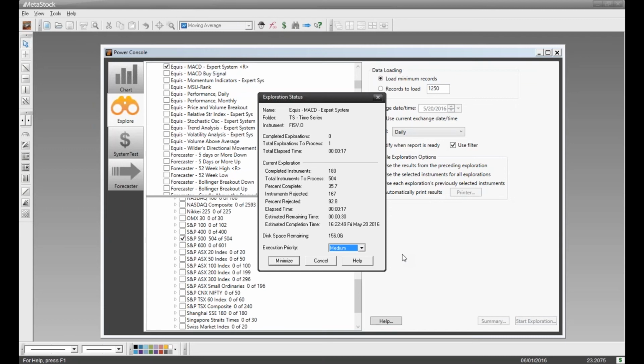I feel like being able to shorten that workflow and narrow it down to just a handful of instruments is really the best way to go. That way I can concentrate more on the few instruments that I will be trading, my entries, my exits, etc. So this is almost done.